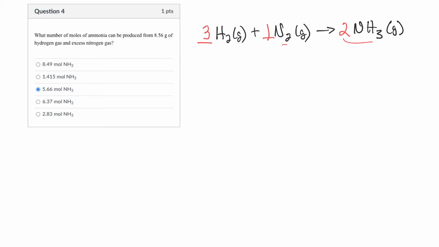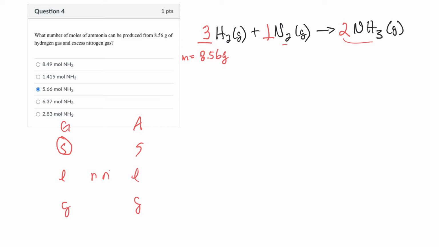I need to figure out what steps I have. Let me do my solid, liquid, gas, and then moles in the middle. So they're giving me 8.56 grams, and this is a mass of hydrogen. So they're starting me at a solid, and that's what's given. And what's asked is how many moles of ammonia.